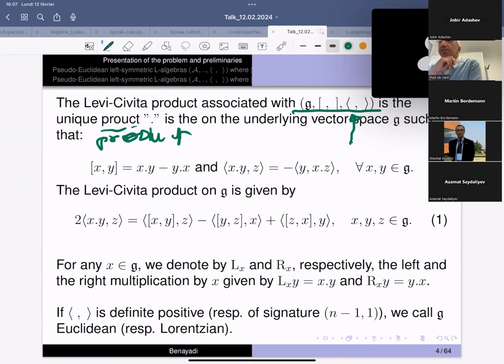On the underlying vector space G, such that the bracket of the Lie algebra is defined by this product, and this product verifies this.